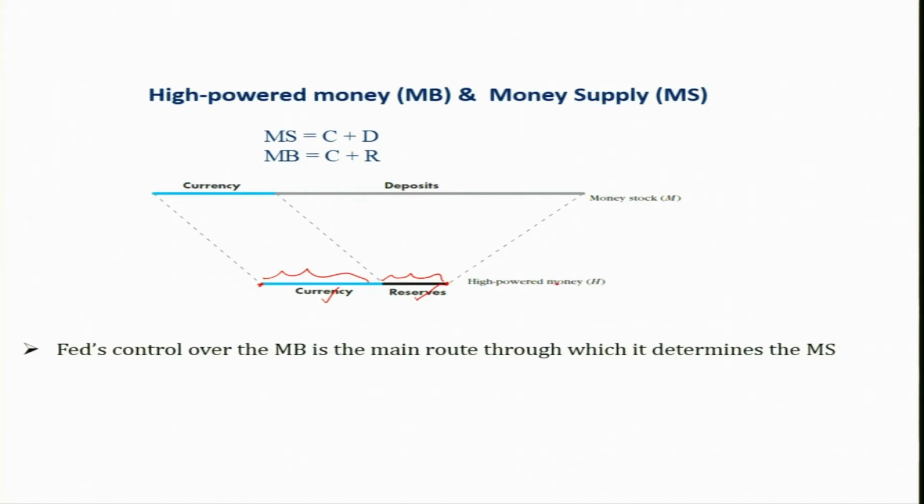So, the high powered money is currency in circulation plus required reserve and excess reserve, and we also call it the monetary base. This is the high powered money.